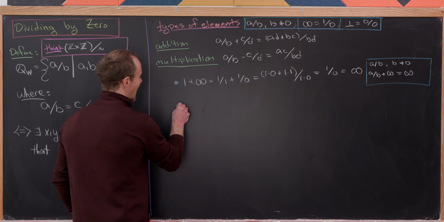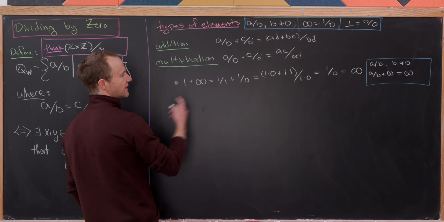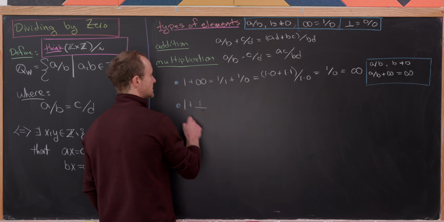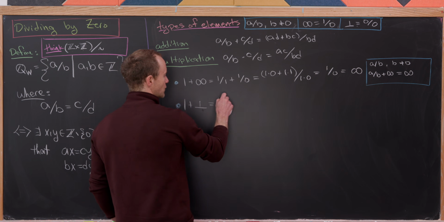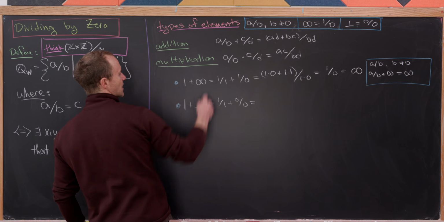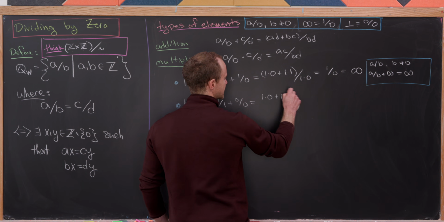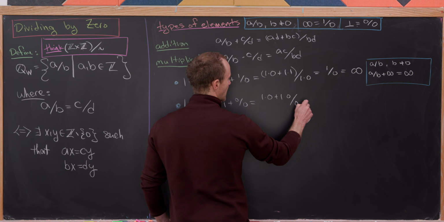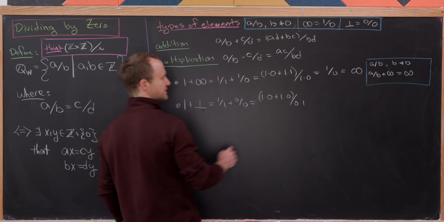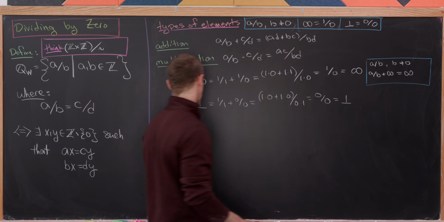Now, what about adding something to the perpendicular element? Let's add 1 to the perpendicular element just as a representation of what's going on, and then you'll see that something general happens over there. So we've got 1 plus perp. That's going to be 1 over 1 plus 0 over 0. Using our addition rule up here, that's going to be 1 times 0 plus 1 times 0 over 0 times 1. But then let's observe that this is simply 0 over 0, which is perp again.